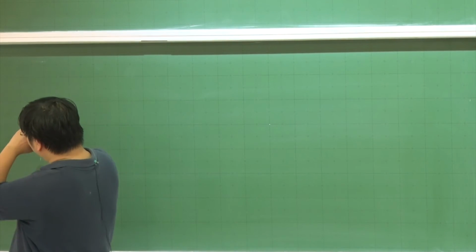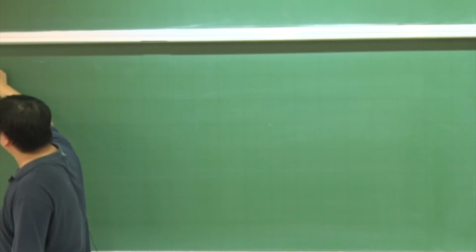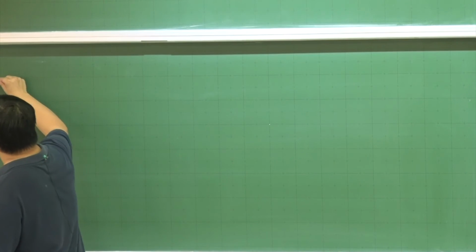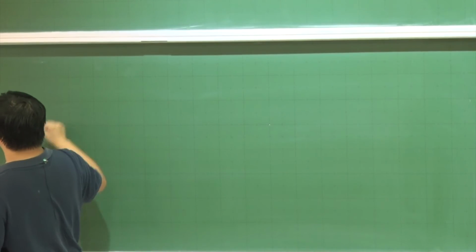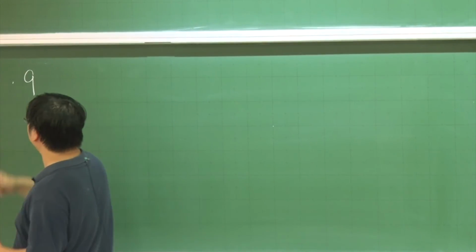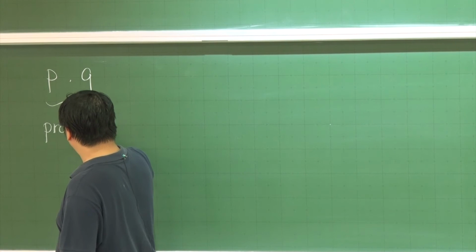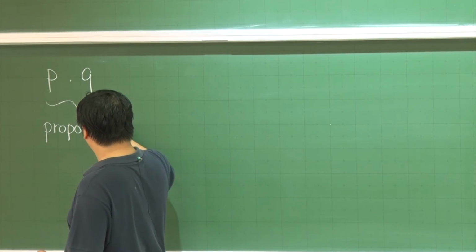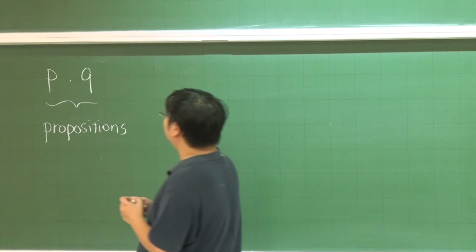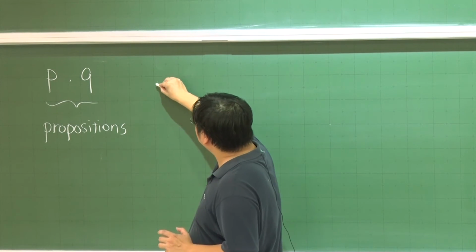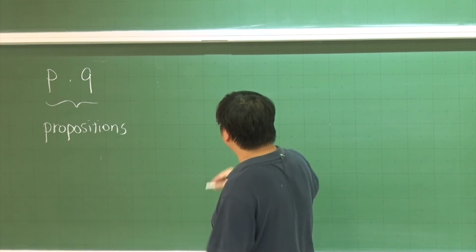And then, we have mentioned what is equivalent. Let's say we have a proposition P, and a proposition Q. We can actually give a definition of equivalent.